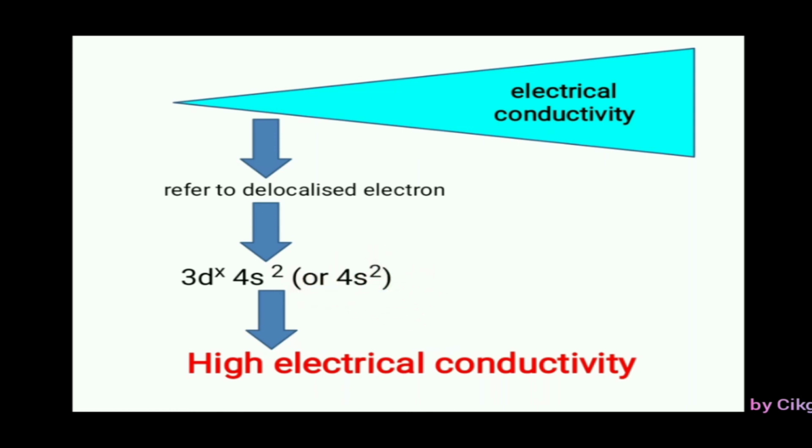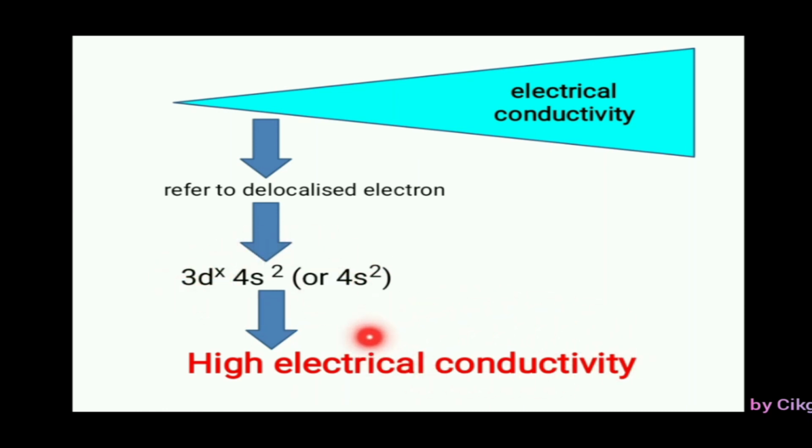The valence electrons of transition elements give higher delocalized electrons compared to group 1 and group 2 metals. So it has higher electrical conductivity because of the greater delocalized electrons.